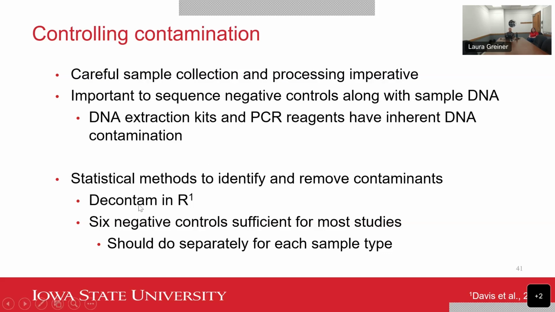An example is decontam. The authors that developed that program suggest that 6 negative controls is usually sufficient for most studies, but that we should do contamination identification separately if we have multiple sample types within a study. So if we have colostrum samples and fecal samples, we should be identifying contamination in those separately.